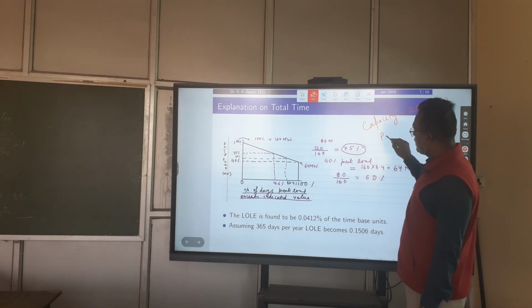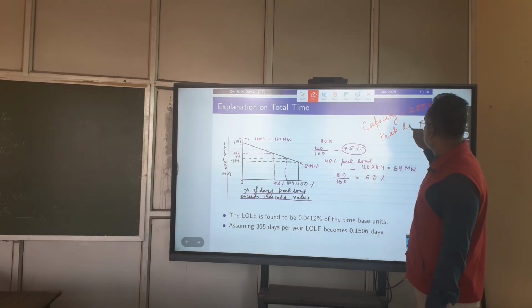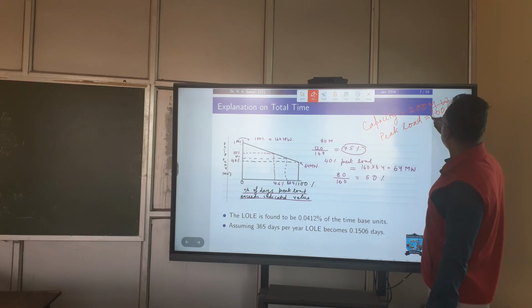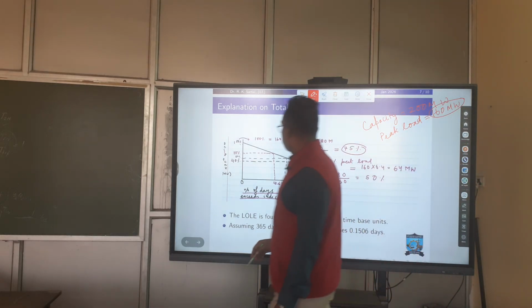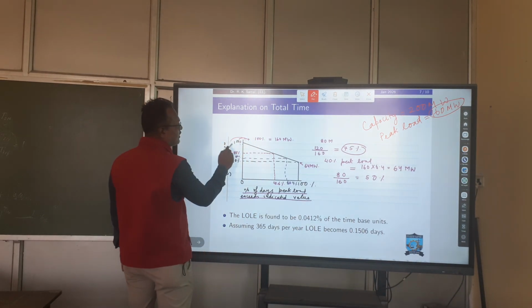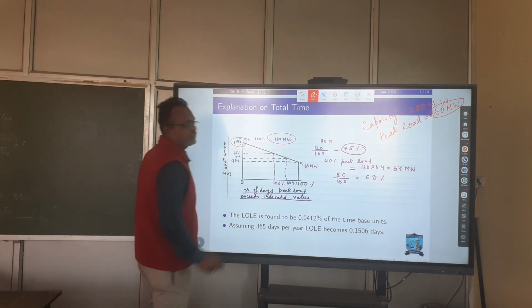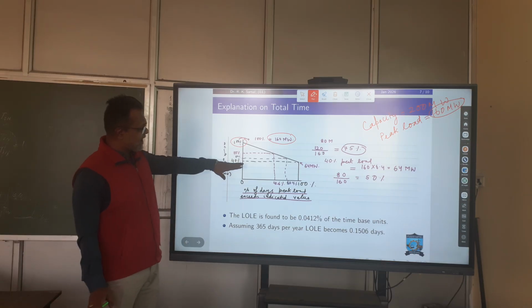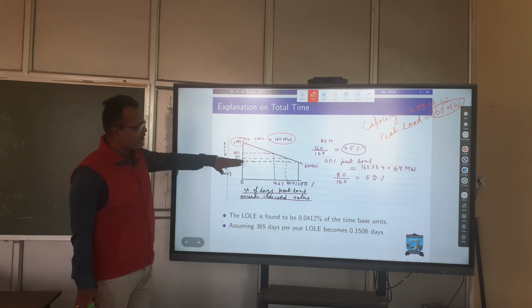The peak load is given, that is equal to 160. The peak load is 100%, which means 160 megawatt. Now we have seen that 40% is the base load.